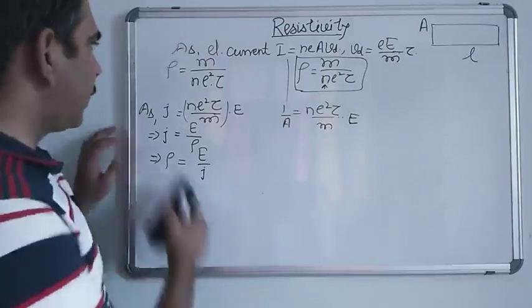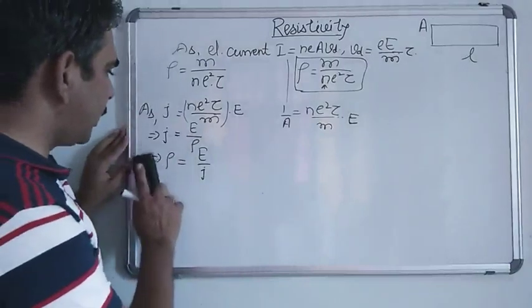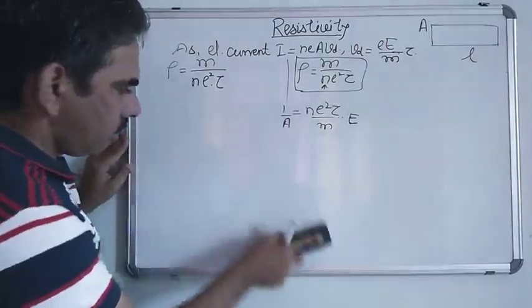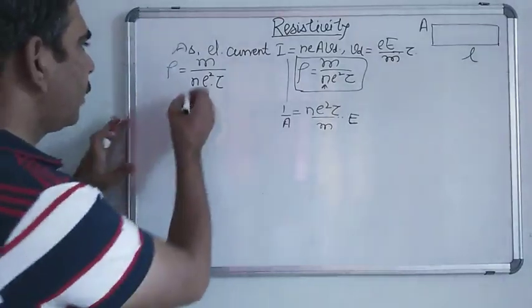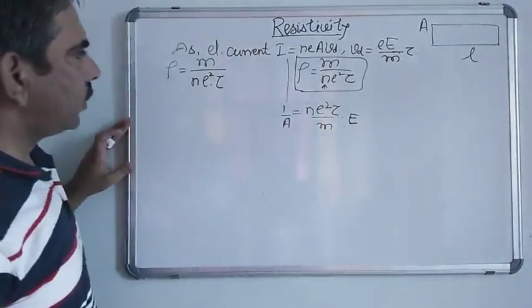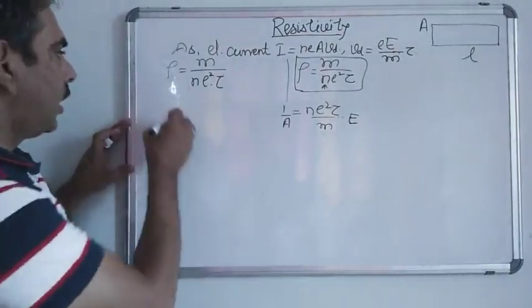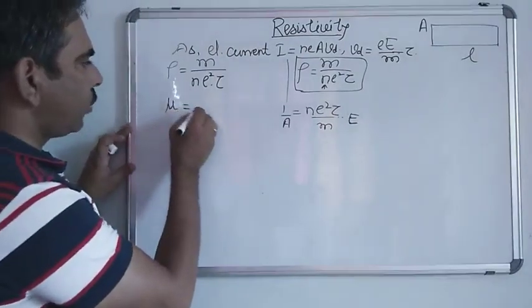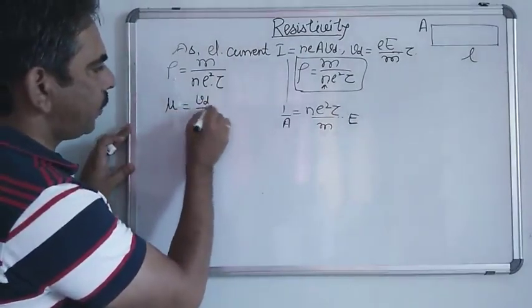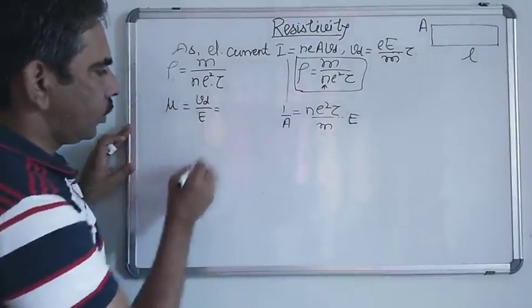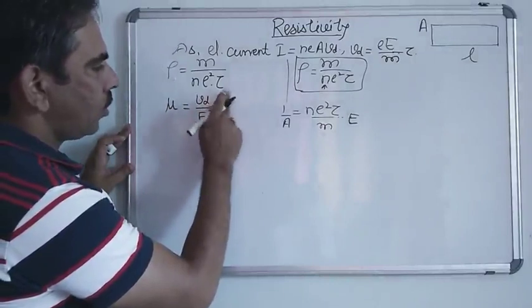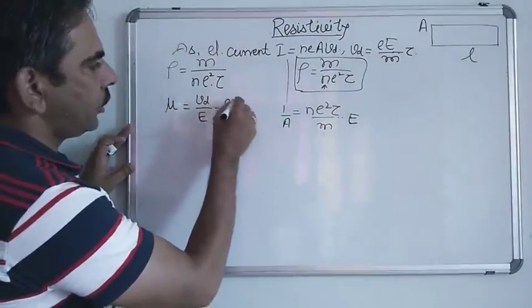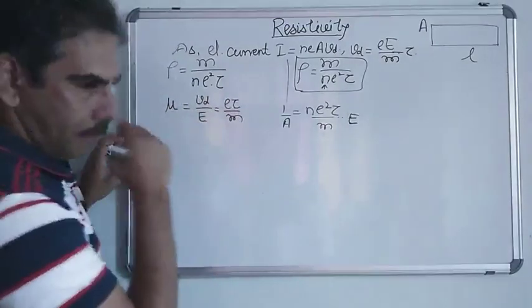Another form in which we can represent the electrical resistivity is through electron mobility. Electron mobility, we already know, is the drift velocity Vd per unit applied electric field, which is nothing but e tau upon m.